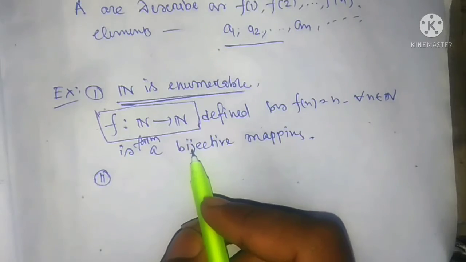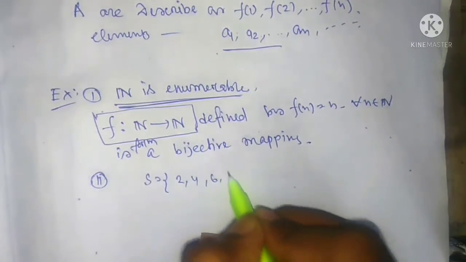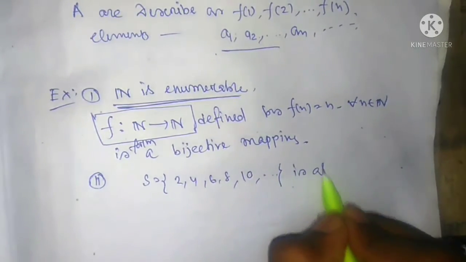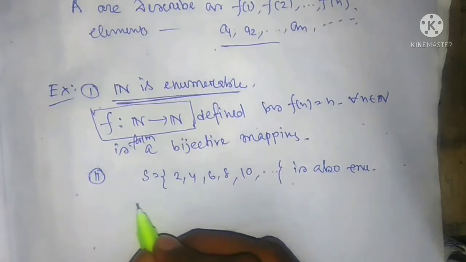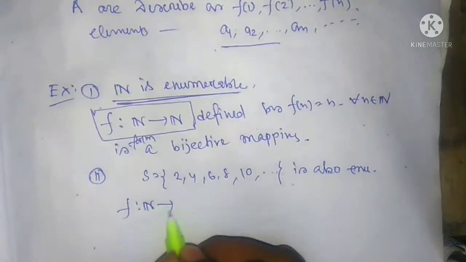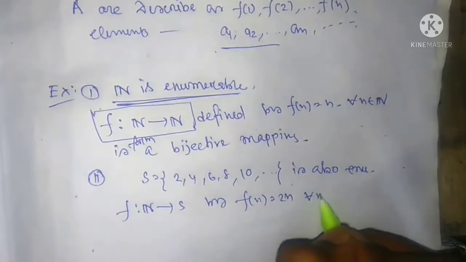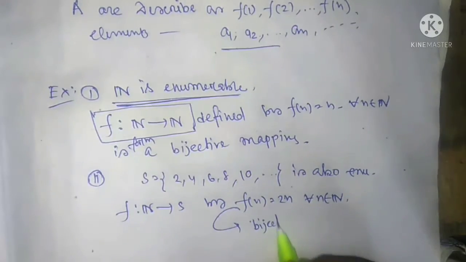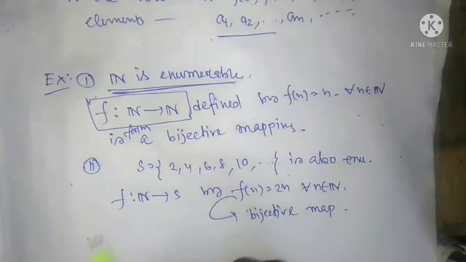Let S equal 2, 4, 6, 8, 10, and so on. This is also an enumerable set because we define f from N to S by f of n equals 2n for all n belonging to N. This forms a bijective map.